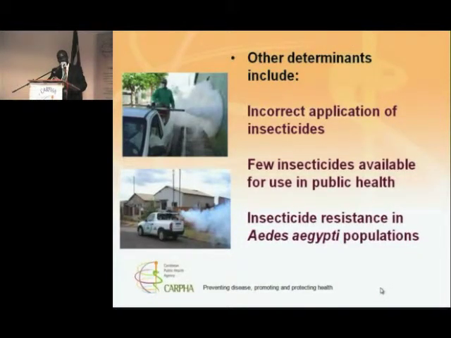Incorrect application of insecticides is very important. There is a particular methodology for doing this, and what we have seen across the region in some countries is that the application, if we look at the top and bottom, is what we call fogging.